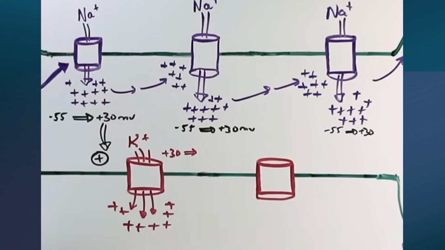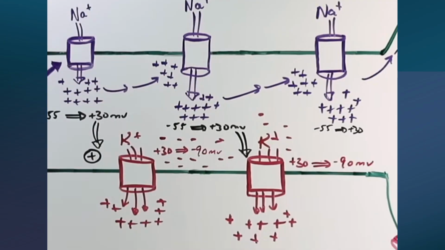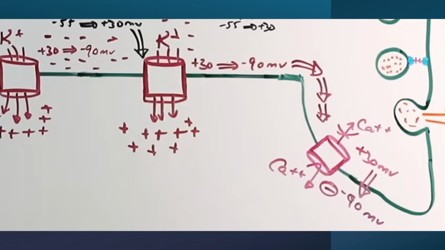If potassium starts leaking out, the fewer positive cations we have in the cell, the more negative the cell becomes. So the more potassium that leaves the cell, the more negative the cell becomes. Then the next potassium channels open, and the cell becomes more and more negative, until it reaches negative 90 millivolts.